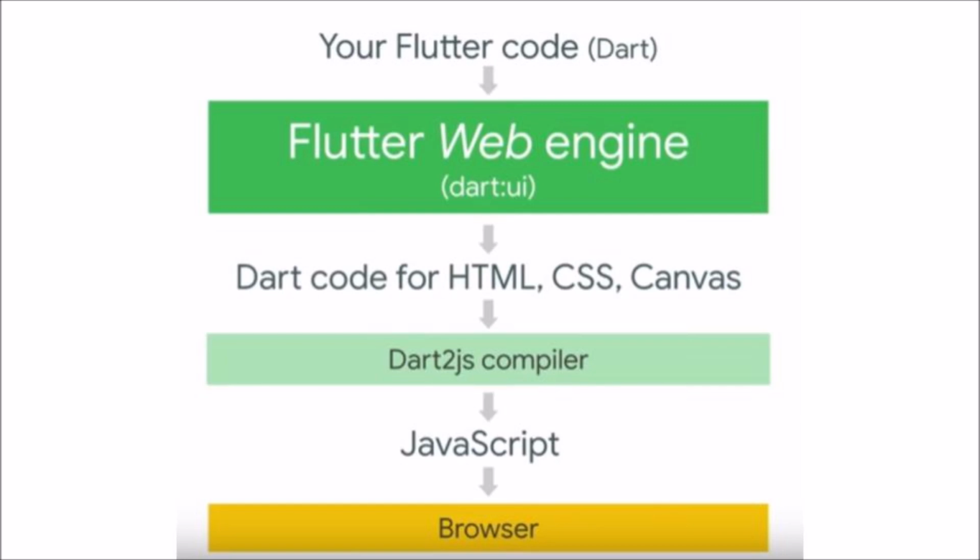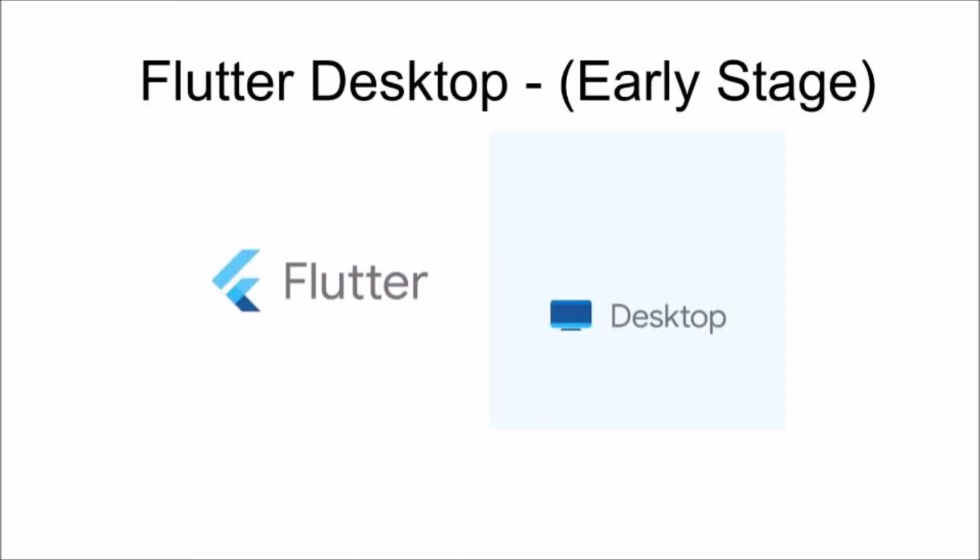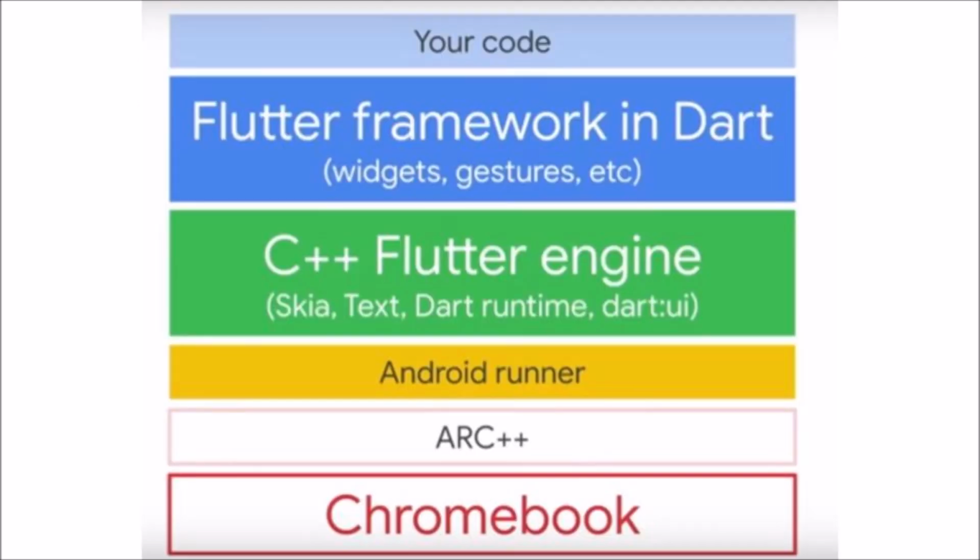Flutter for desktop is still in a very early stage of development. The idea is the same as on the web and mobile. For Chrome OS, the layer below could theoretically be thinner because it is also developed by Google.